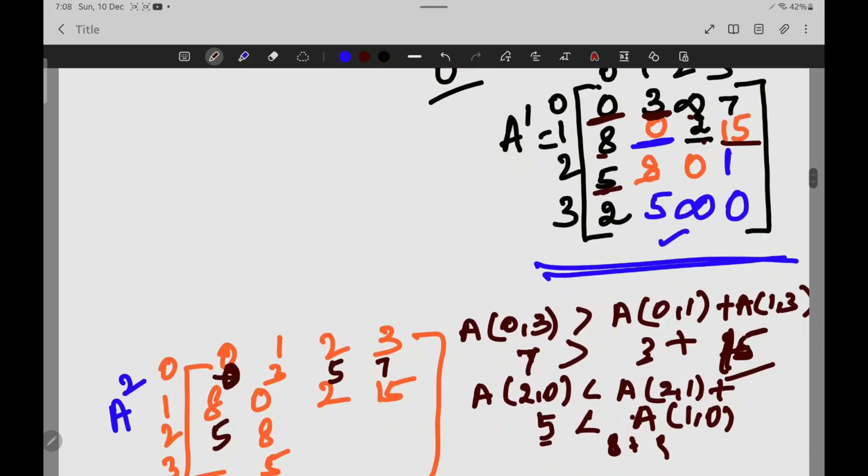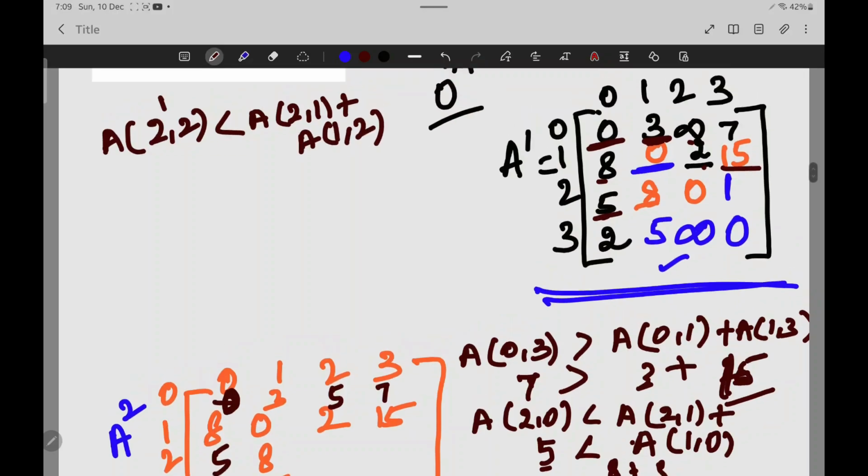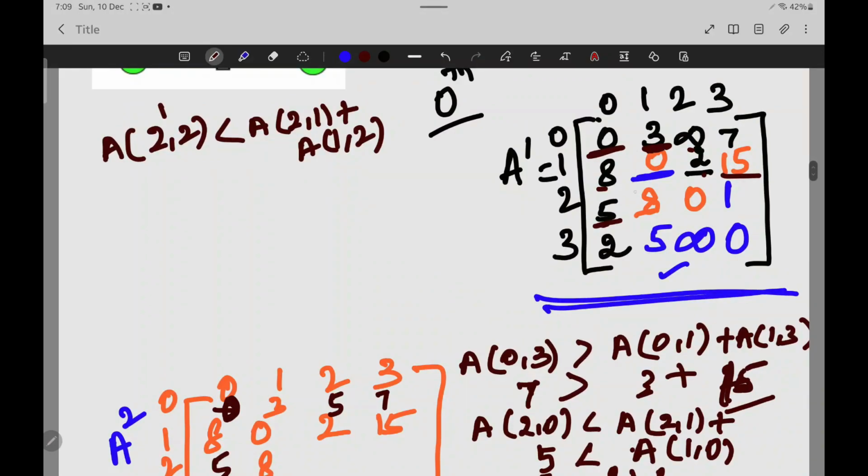So similarly we need to find the value for a of 2 comma 2. So 2 comma 2 via 1. So we need to compare the value with 2 comma 1 plus a of 1 comma 2. So 2 comma 2 is 8. So 8. 2 comma 1 is 8 plus, so definitely this value is also 2 comma 2.